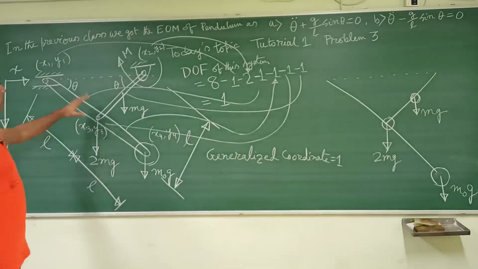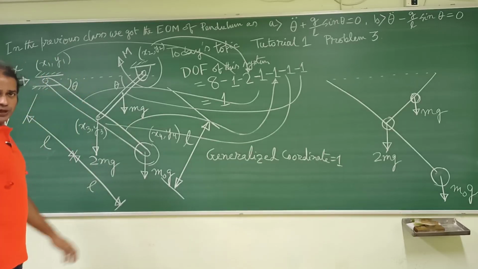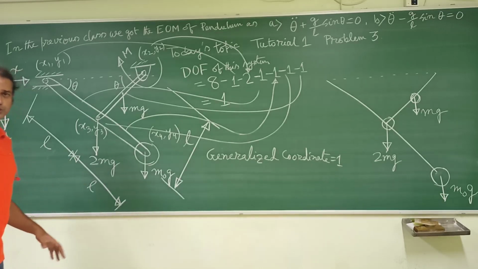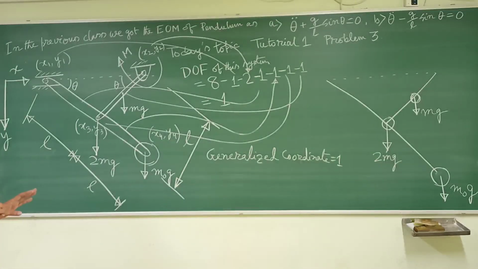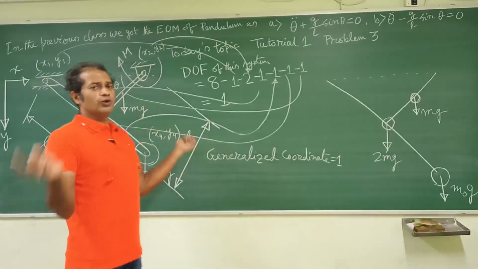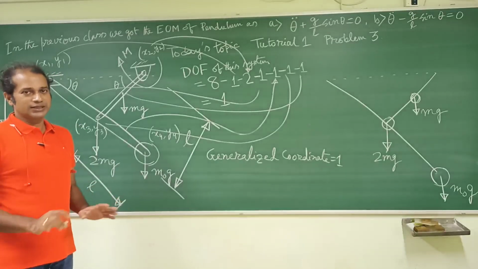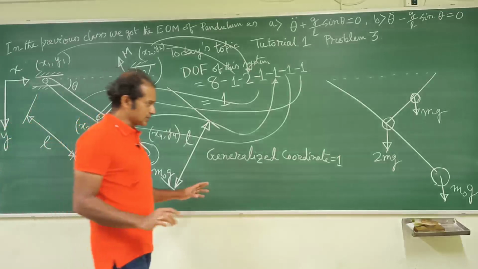Let us identify what it could be. If I am going to choose xy, I cannot choose xy as my generalized coordinate. Even if I am going to use it, then I have to use the constraint. And after solving the dynamical problem, we have to impose the constraint. That is quite cumbersome. I will not say that it is impossible, but it is quite cumbersome.